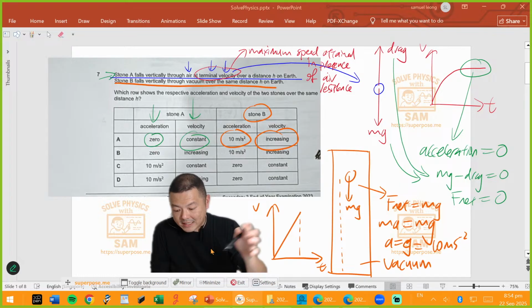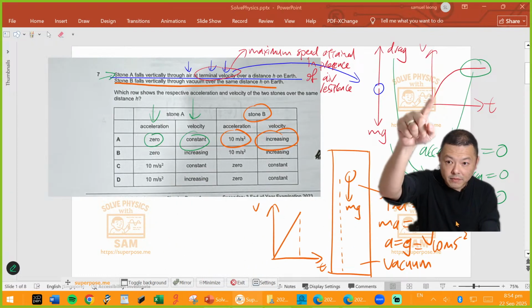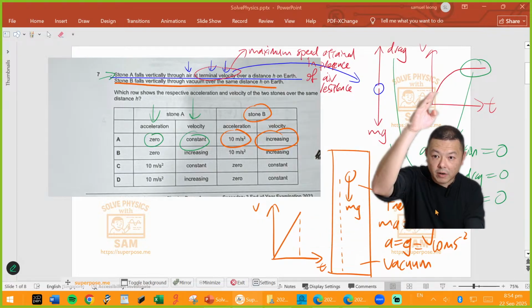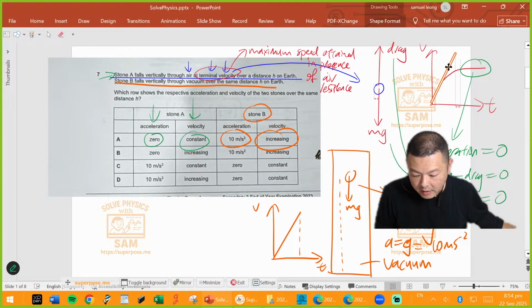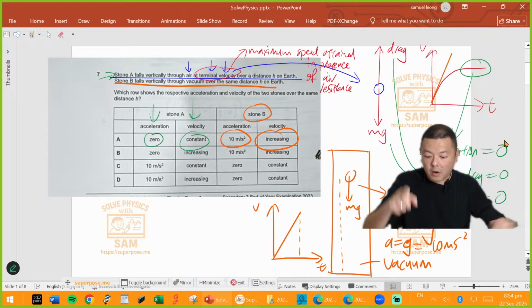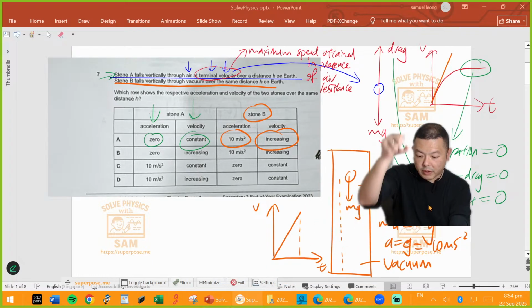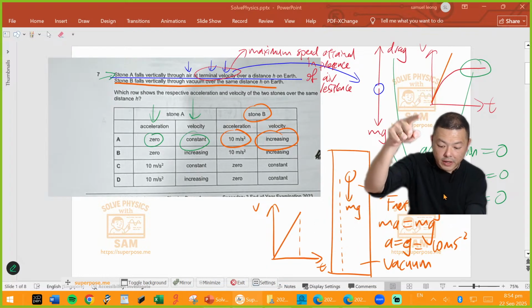Okay, so that's the answer for this. Just one last thought about this one here. If I were to overlay this graph onto that graph, this orange line will take the initial gradient, it will be like the tangent to the initial gradient of this one here.